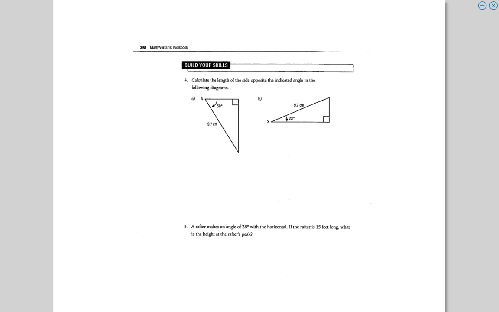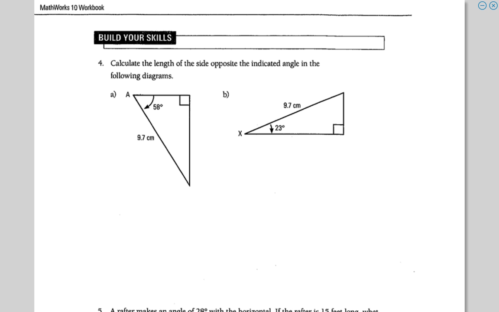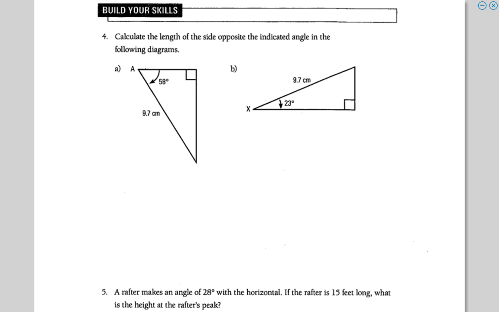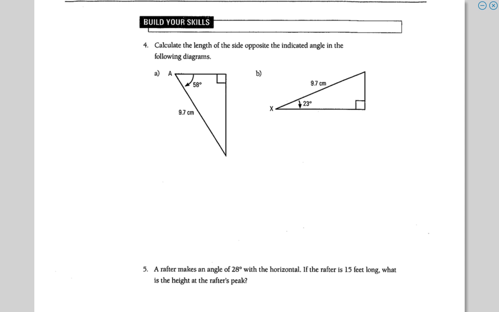Okay, question 4. So now we're actually going to be trying to solve a problem. Number 4 says, calculate the length of the side opposite the indicated angle in the following diagrams. So all we need is some of the skills we used on the previous page. So we'll need to know sine 58, and we'll need to know where the op and the hype are.